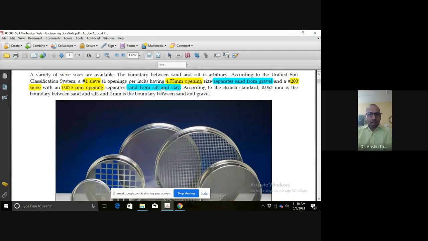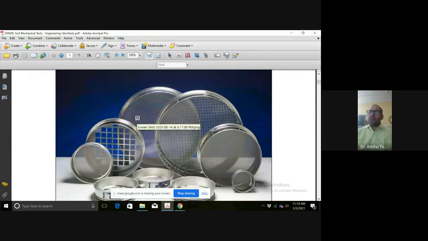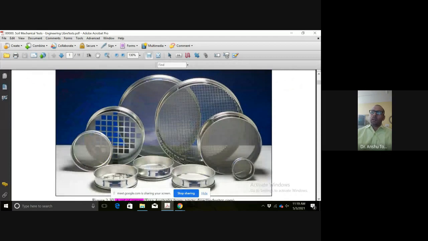So if I show you this in the picture, I have 1, 2, 3, 4, 5, 6, 7, 8, 9 sieves. Out of these 9 sieves, it is quite possible that the sand and clay pass through the first 6 sieves and are not retained on any of them.